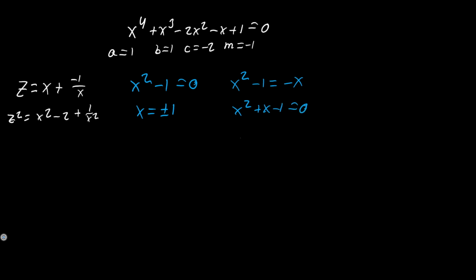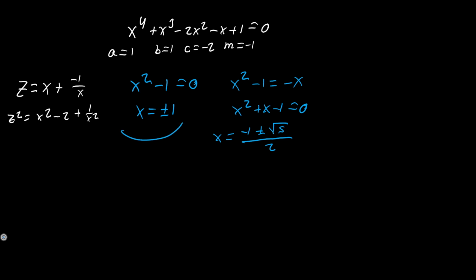We will use the quadratic formula, so we will have x is equal to negative 1 plus or minus the square root of 1 plus 4 over 2. We can simplify the square root, which is 5 over 2. And here we have four solutions, plus or minus 1, and plus or minus the square root of 5 in the other pair.